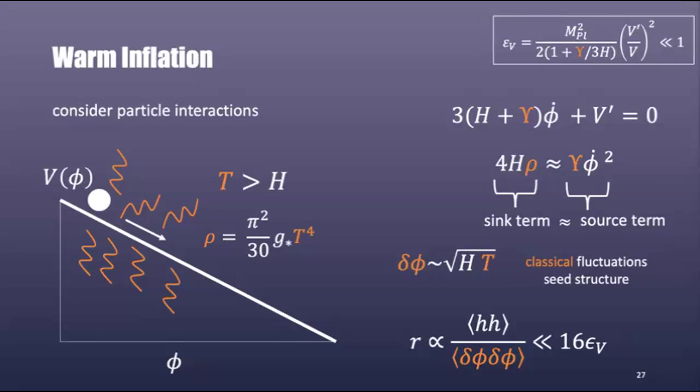I guess if there's a Planck scale that's doing this seesaw, because you have temperature bigger than H, where H squared is given by V over M Planck squared.